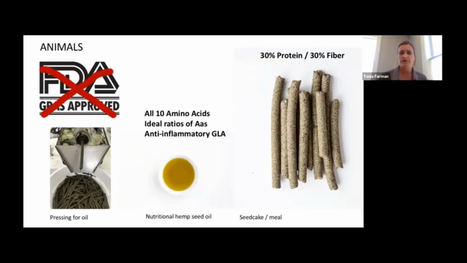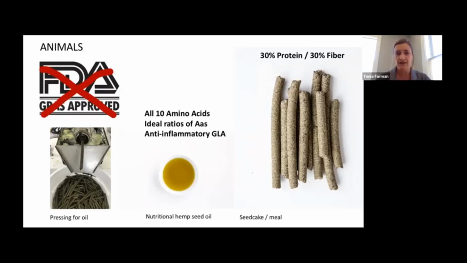And then the seed cake has 30% protein and 30% fiber. With that kind of profile, that's an incredible feed balance.